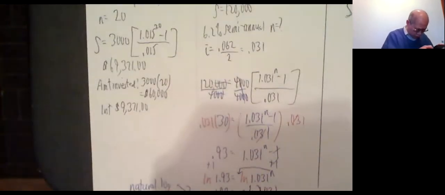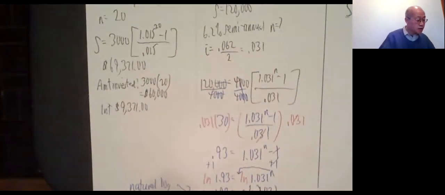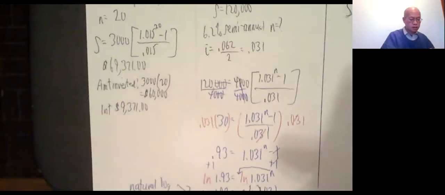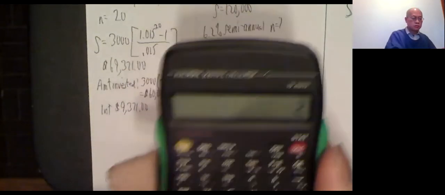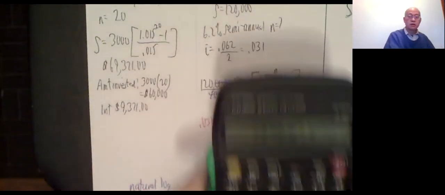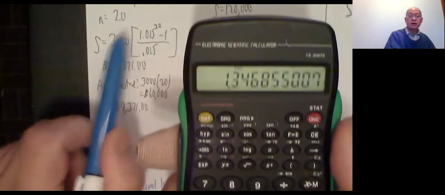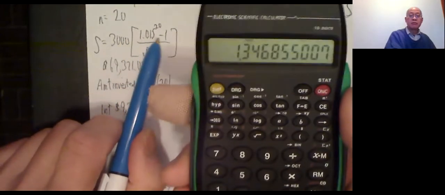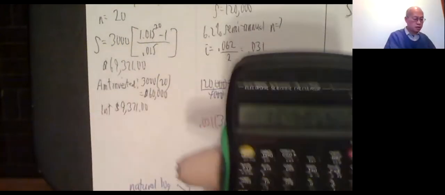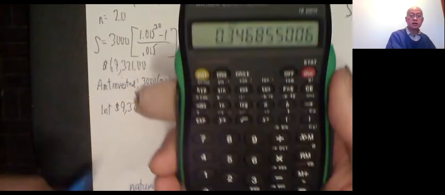All right, so hit exponent, and the exponent was what? 20. So 20. So right now I have that thing. That's just that. Then minus the 1. So minus 1. That's easy.